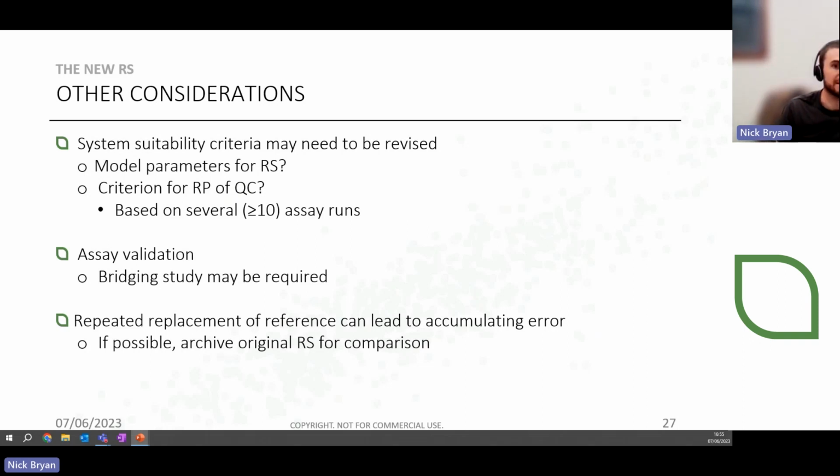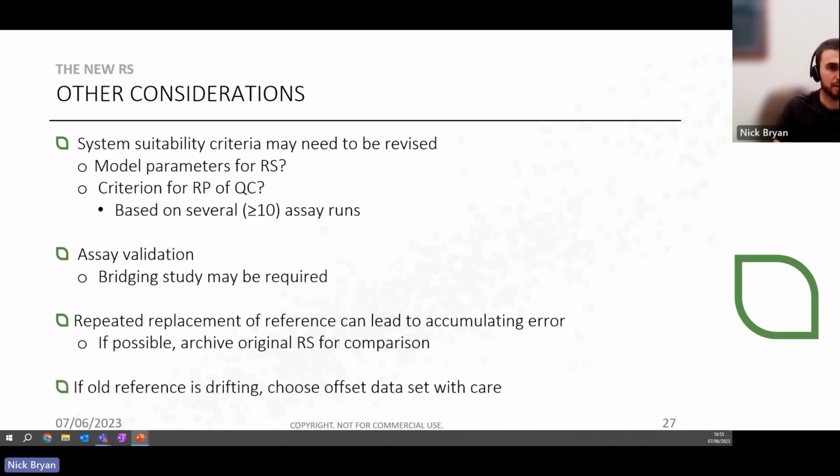So if possible, it's best to have that archive of stored samples, aliquots of our original primary reference standard, in order to compare whenever we produce a new reference standard batch.